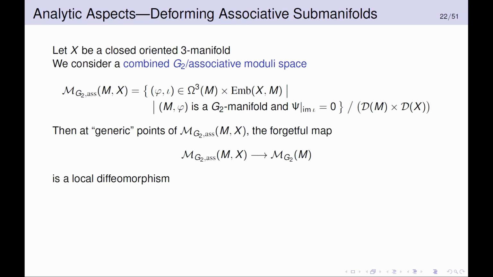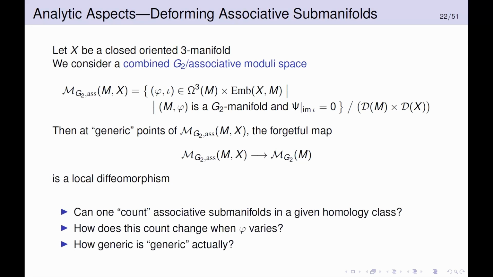It has a natural action by both the diffeomorphism groups of M and X. You divide both of them out. And if you consider now the map from this combined associative and G2 moduli space to the G2 moduli space, just by forgetting the associative, then at these so-called generic points, this map is a local diffeomorphism. But as I said, it's not at all clear if generic is really generic.